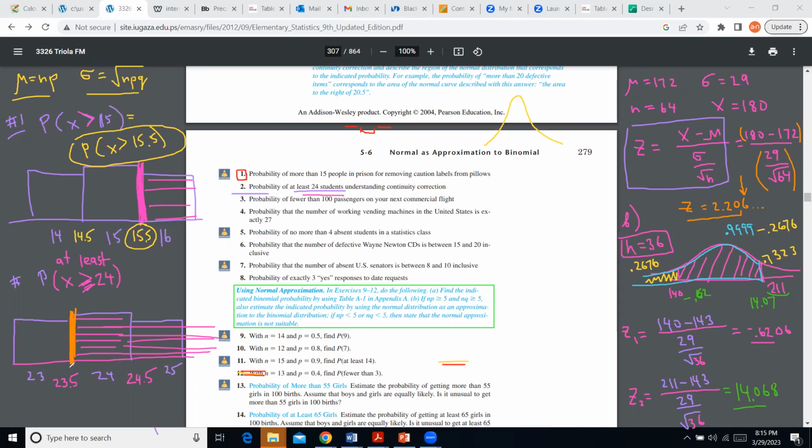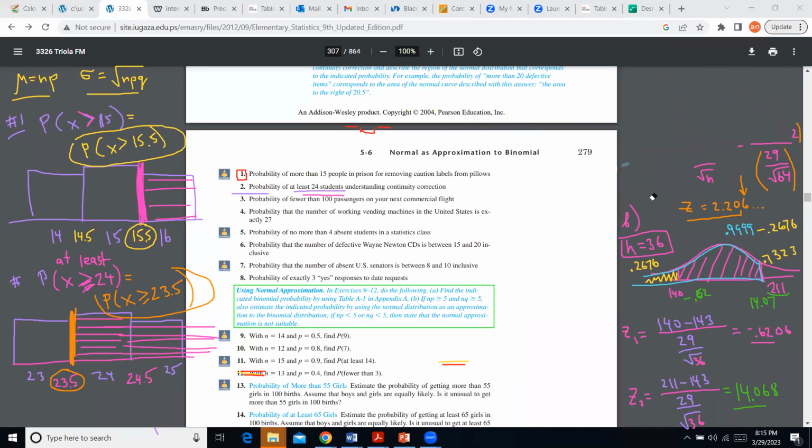That's where the pink starts. And this corresponds to 23.5. So here's my approximation. X is greater than or equal to 23.5. So that's all I need to get started. And that's what these exercises are actually asking me to do.